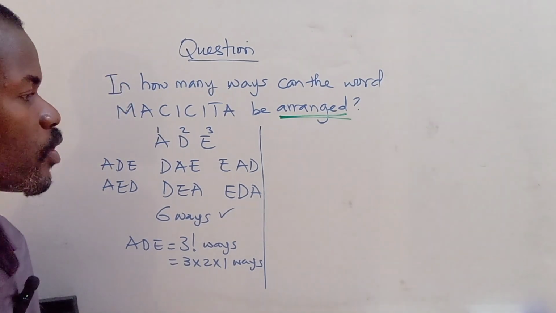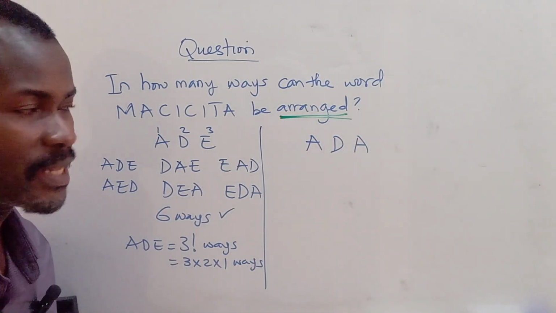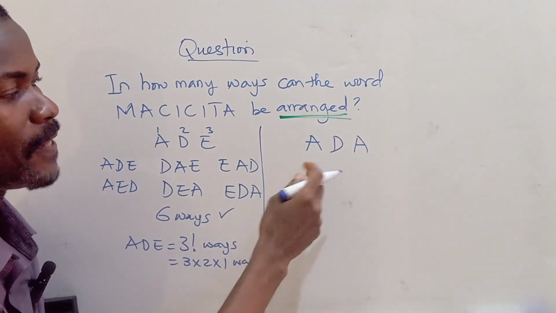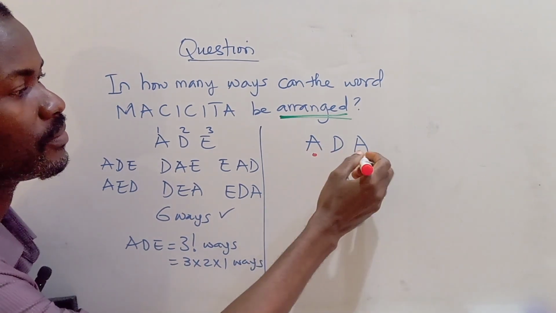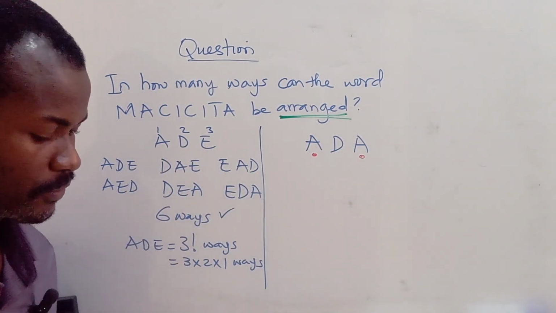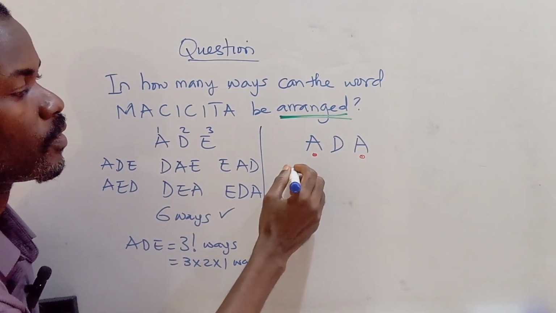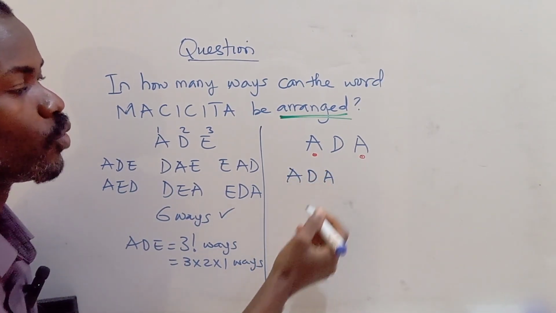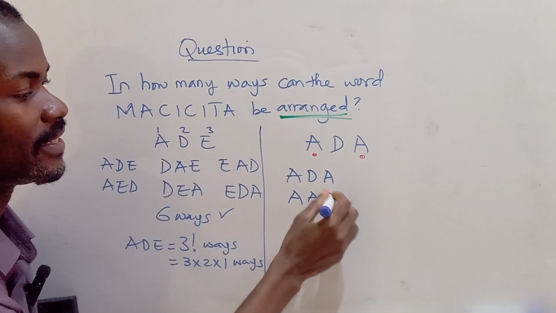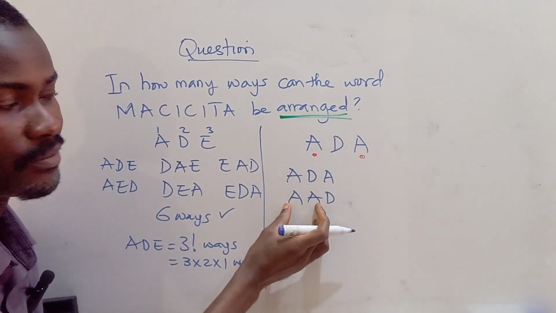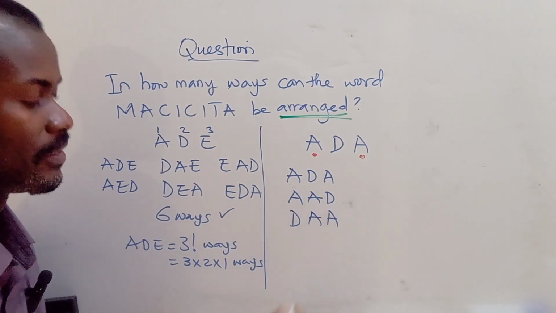But if we are given the word, let's say, ADA, let's see how many ways we can arrange that. If you look at this word, A is repeating. Here, there is no repetition. So to arrange this, we can say ADA, or we can say AAD, bringing the A's together, or DAA, keeping D and bringing the A's together.